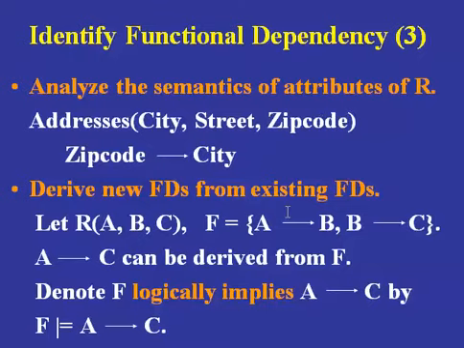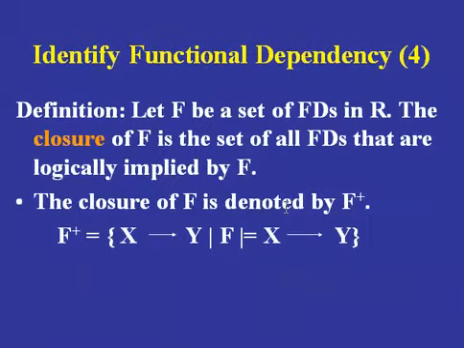So now we have a question: maybe there are functional dependencies that I don't see. How do I know that I'm done with the functional dependencies? Why is this important? Because we're going to use functional dependencies to establish the current normal form of a table, and whether it's a good table is based on functional dependencies.